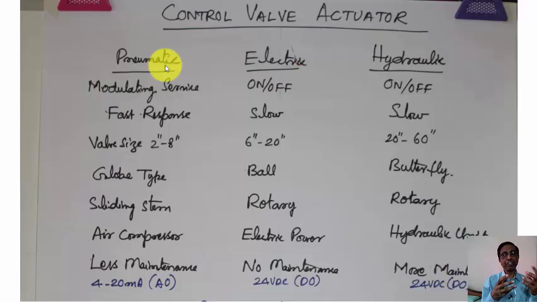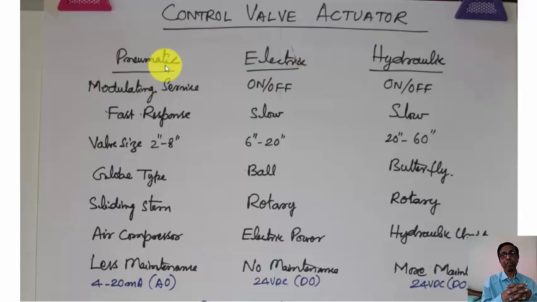Motor means rotation is involved, so you need a gearbox in between. There is a delay in the transmission of movement. It will sometimes take a few minutes to operate the valve from open to close, depending on the valve size.